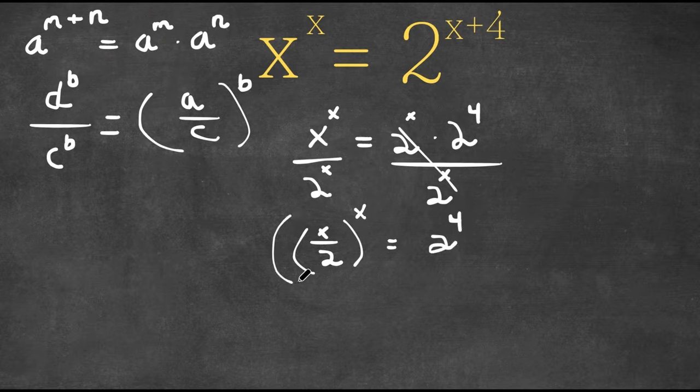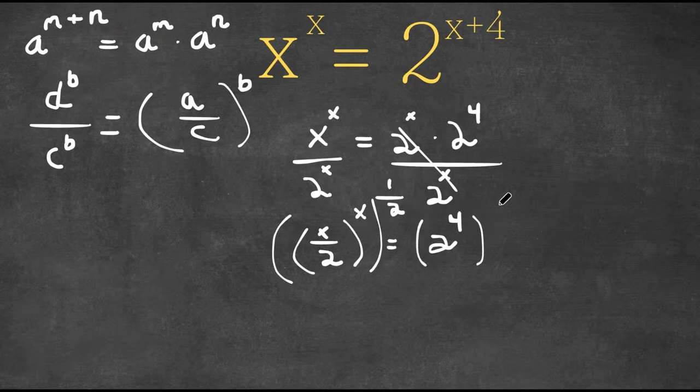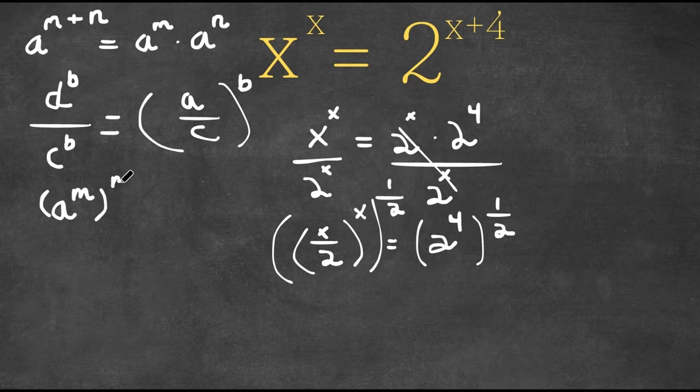Now I'm going to take the power of 1/2 on both sides. Now if we have something in the form a to the power of m to the power of n, this can actually be written as a to the power of m times n.